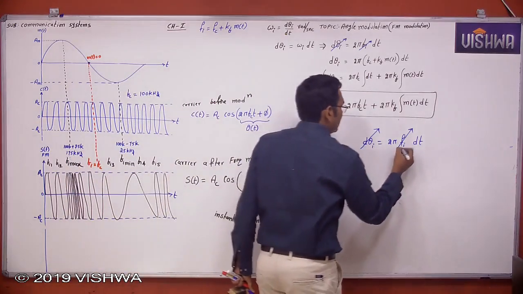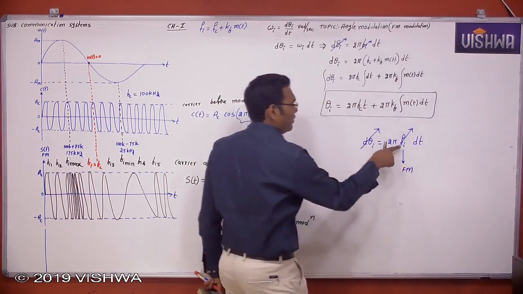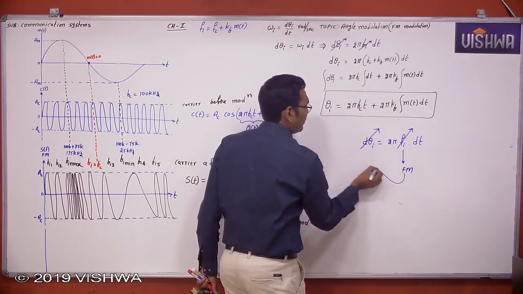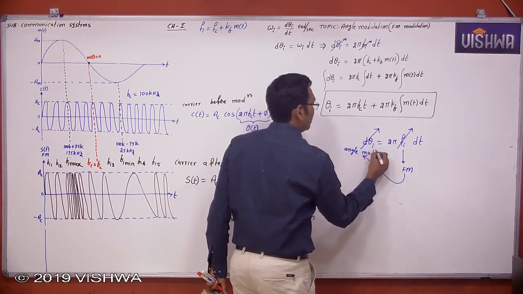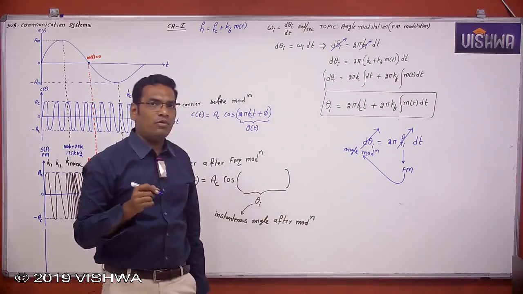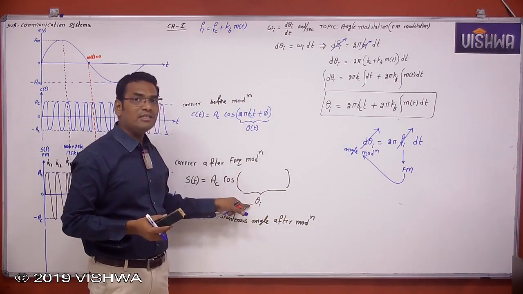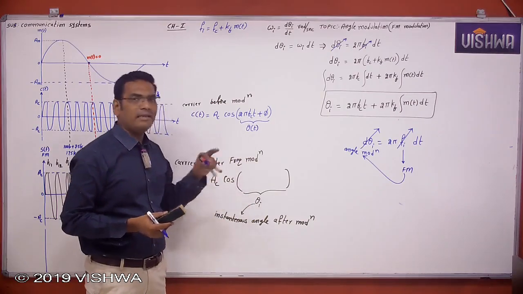So when this instantaneous frequency is changing, which is nothing but frequency modulation, when frequency changes, this angle changes, therefore this frequency modulation is named angle modulation. Clear or not? So here also you can easily observe, when frequency is changing, this angle changes. So this frequency modulation is called angle modulation.